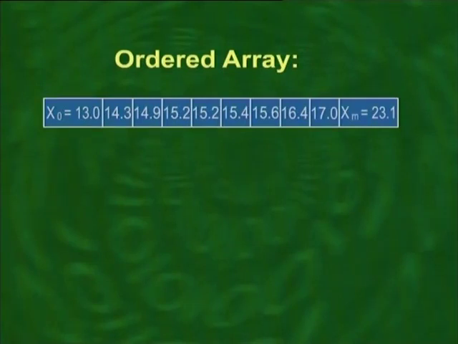The first advantage of the ordered array is that we are able to locate x0, the smallest value, and xm, the largest, very easily.